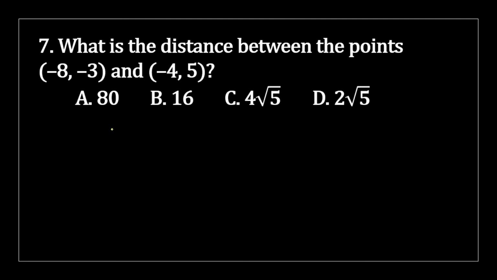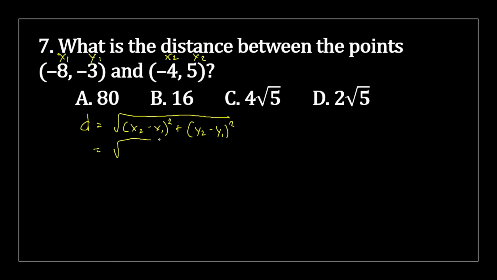Number 7. What is the distance between the points (-8, 3) and (-4, 5)? The distance formula is d is equal to the square root of x sub 2 minus x sub 1 squared plus y sub 2 minus y sub 1 squared. Now let's identify our x's and our y's. This will be our x sub 1, y sub 1, x sub 2, y sub 2. So let's substitute the values that we have.